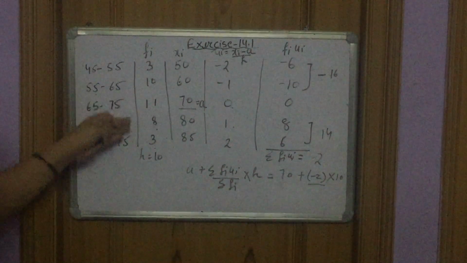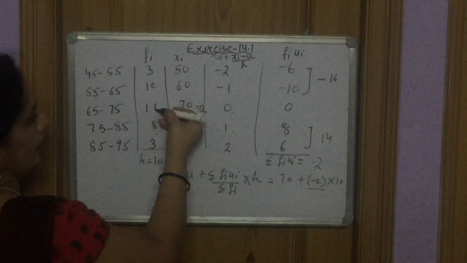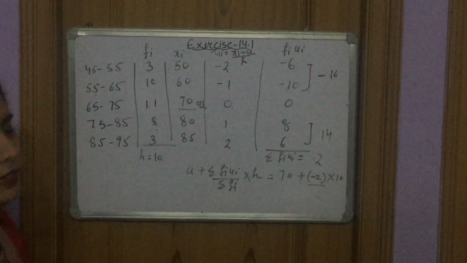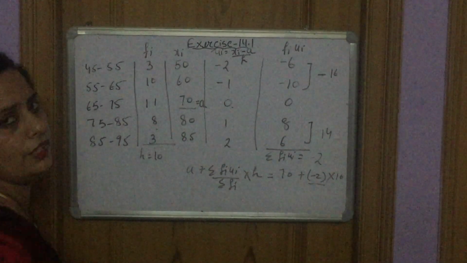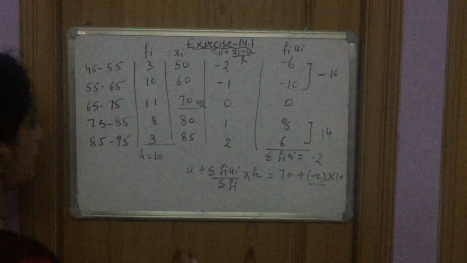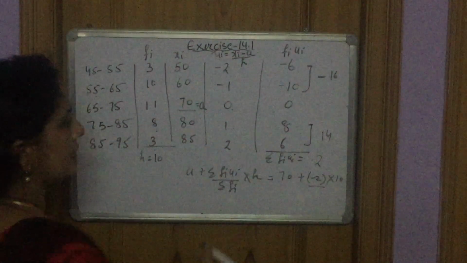When we add these terms, we get 10 and 11, that is 21, 21 and 3, 24, 24 and 3, 27 and then 8, this is 35.